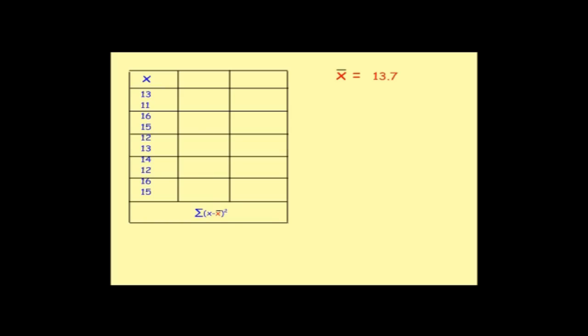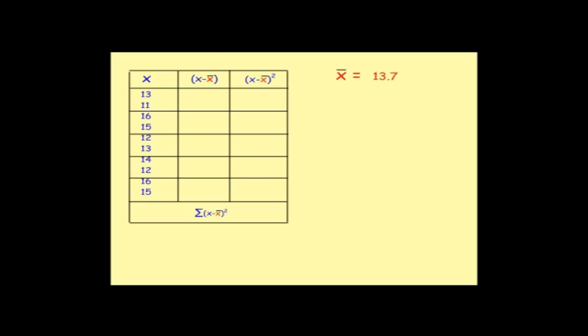We draw up a table with 3 columns. In the first column, we put our x values. The second column, we work out x minus x bar for each of these x values. In the third column, we'll square each of these answers.